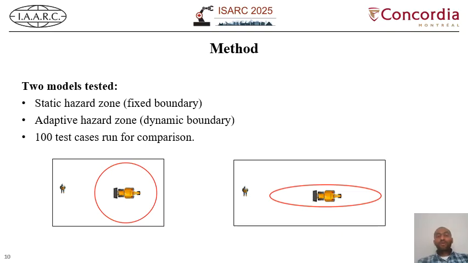In addition to our proposed hazard zone, we have also done simulation for a typical static, circular hazard zone, so that we can compare the results of both. We have done 100 test cases for each of the hazard zones.